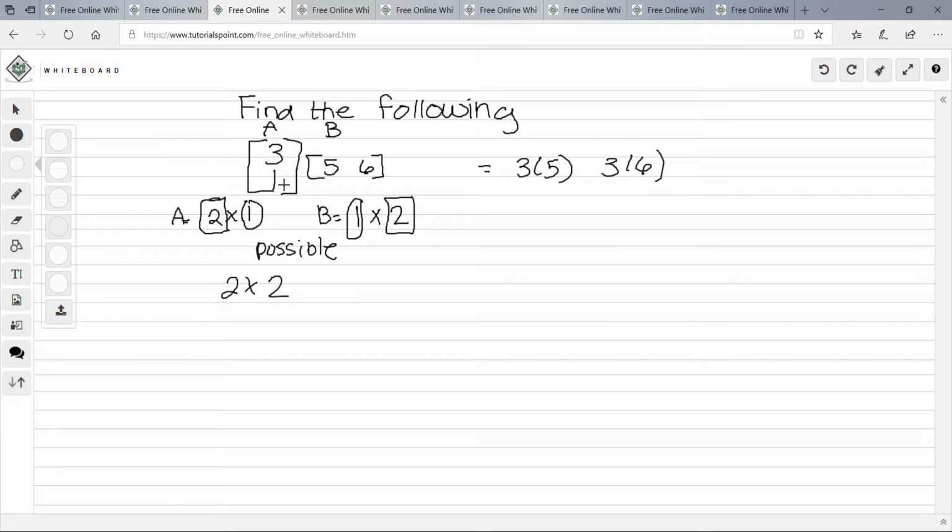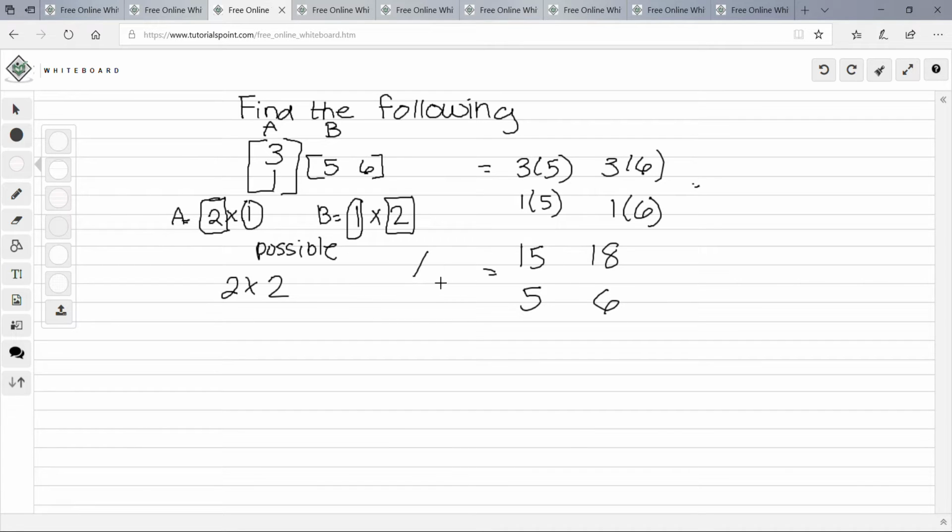And then our second row is going to be 1 times 5, and then 1 times 6. So 3 times 5 is 15, 1 times 5 is 5, 3 times 6 is 18, and then 1 times 6 is 6.